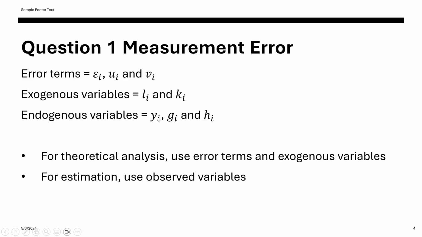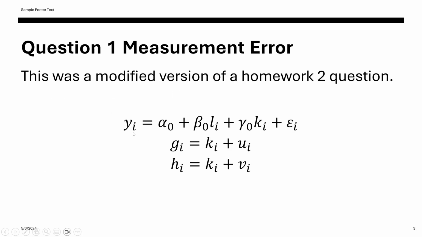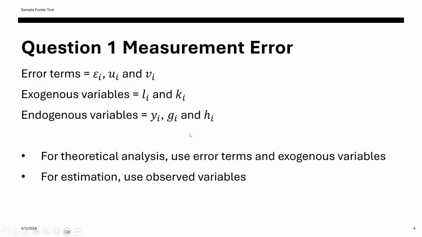So it is pretty clear here because these equations explain how those endogenous variables are generated, given all the other things. Okay, so we explain those measures are based on capital plus something else. That's the purpose of these two equations.